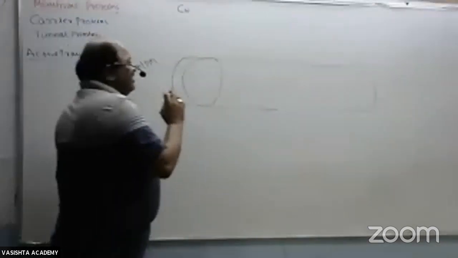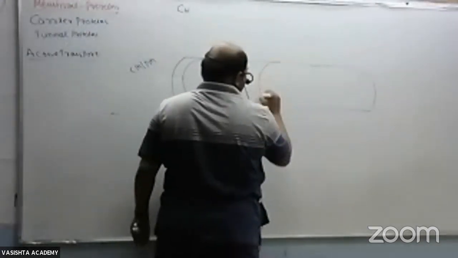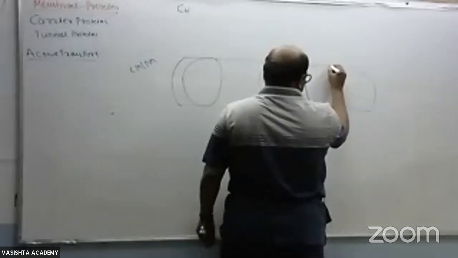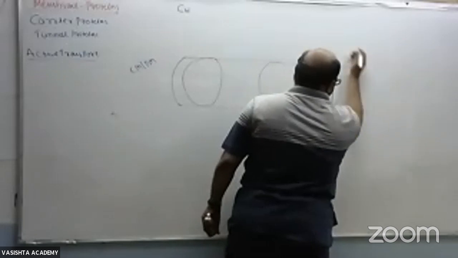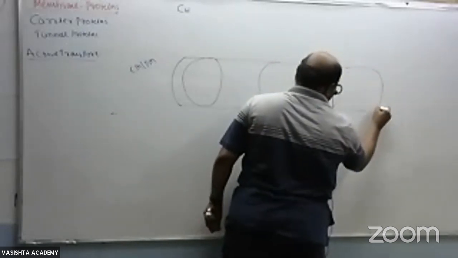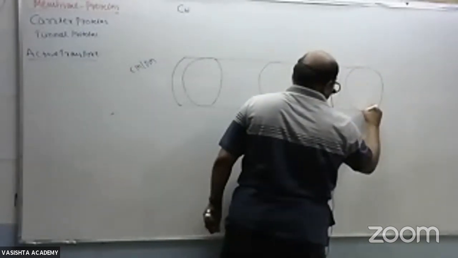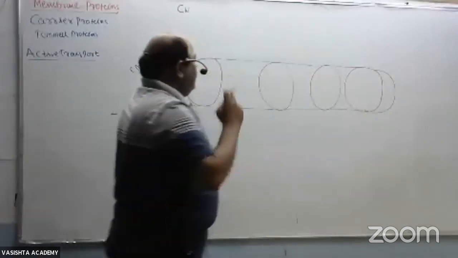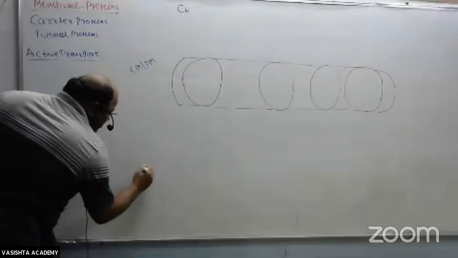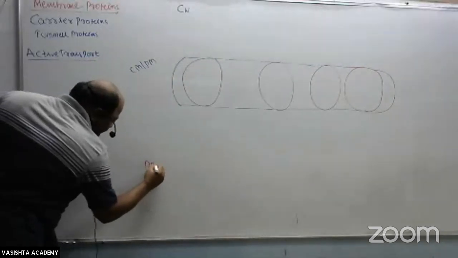This is one, this is second, this is third, and for example, this is the fourth one. Look at it. This is your protoplasm.